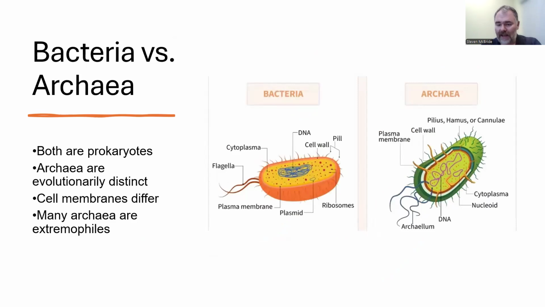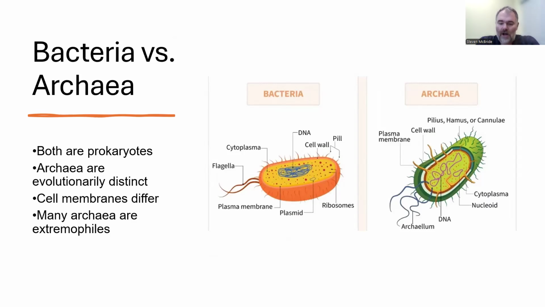Although bacteria and archaea are both prokaryotes, they are not the same group. Archaea are evolutionarily distinct from bacteria. At first glance, they may appear similar because both lack membrane bound nuclei, but there are important biochemical differences between them. For example, archaeal cell membranes differ chemically from bacterial membranes.